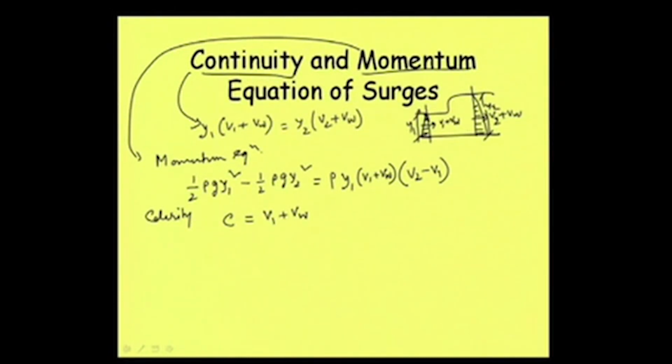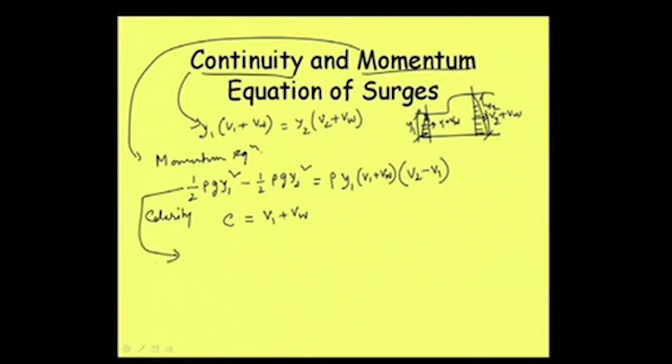In general we can have it as v1 plus vw, but we do not know what vw is, so we need to have it in a different form, like the one we got earlier in terms of depth y. So let us see what we can do.